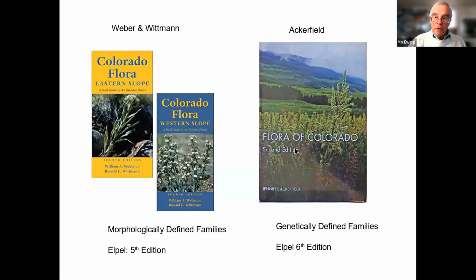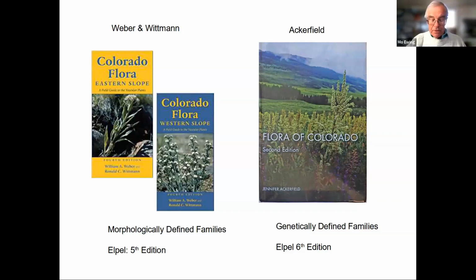And in Ackerfield, she started getting into when botanists started renaming plants, because even though they looked alike morphologically, they weren't necessarily related genetically. And so many species have been put into genetically accurate families.